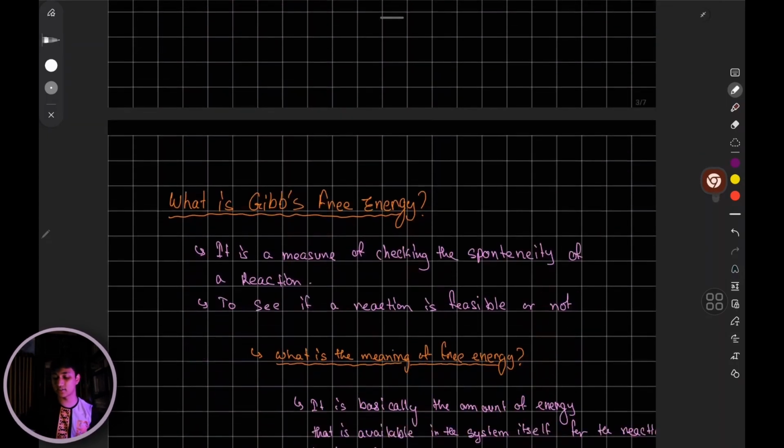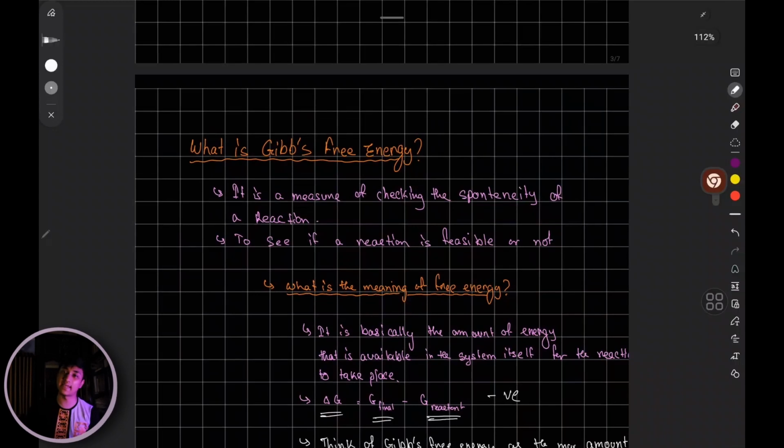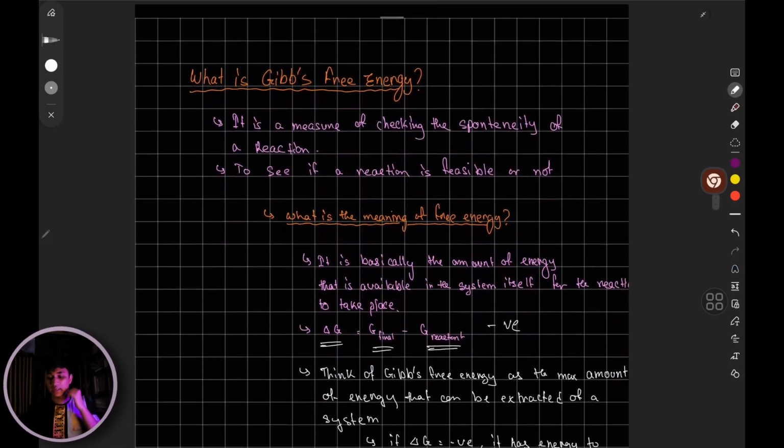And that leads us to Gibbs free energy. This is a way to find out whether or not a reaction is feasible. Now, what is Gibbs free energy? This is a method, or the change in Gibbs free energy actually.